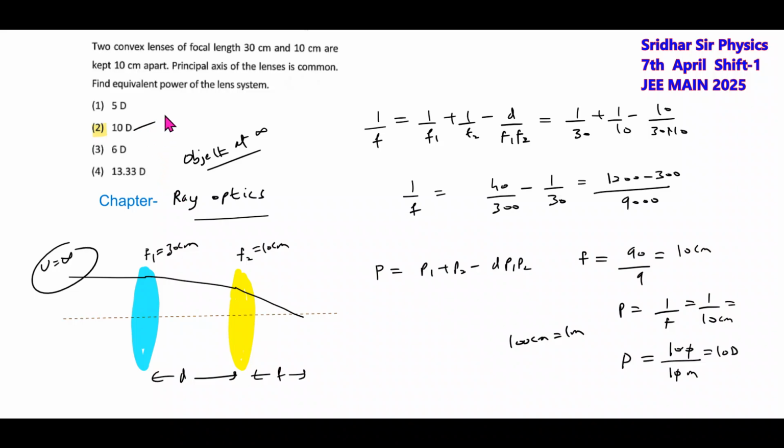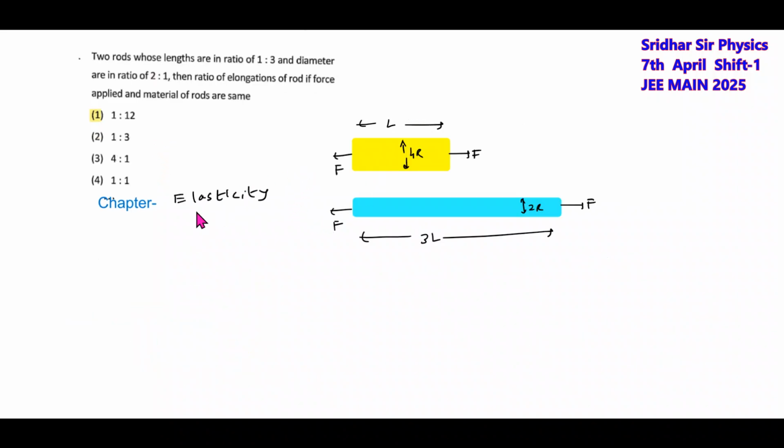We'll move to the next question. This question is based on elasticity. Two rods whose lengths are in the ratio 1:3 and diameters in the ratio 2:1, then find the ratio of elongation if the force applied and the metals of the rods are the same. We know Young's modulus equals F by area.